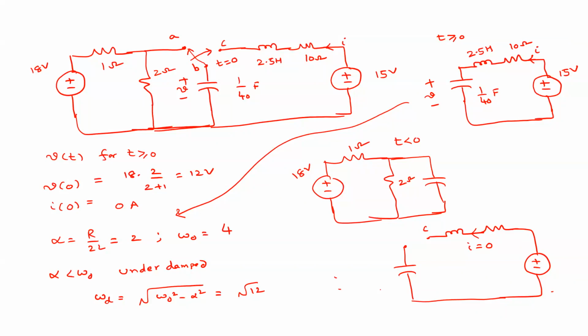Okay. So now what we have to calculate is V of t. What is V of t? V steady state plus V transient. So that means A1 e to the power of minus alpha t.